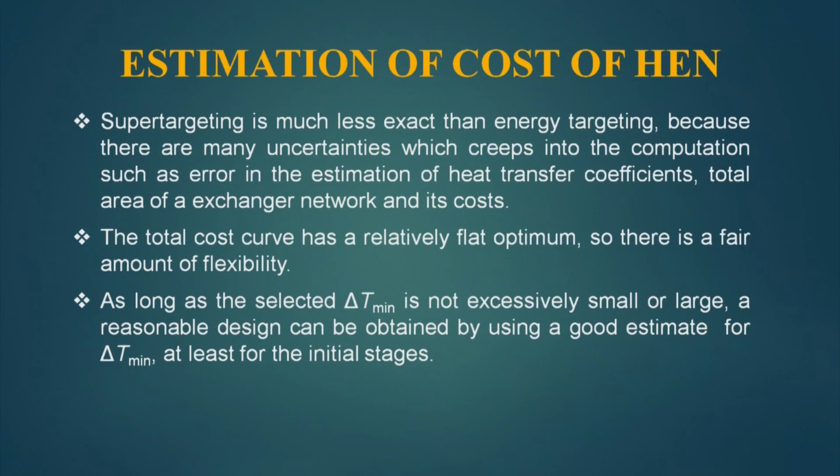If it shifts a little bit, even then there will be very little loss, because the optimum is flat, and that is why there is flexibility in the selection of delta T minimum optimum. As long as the selected delta T minimum is not excessively small or large, a reasonable design can be obtained by using a good estimate for delta T minimum, at least for the initial stage. Thank you.